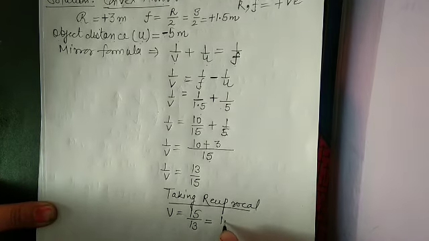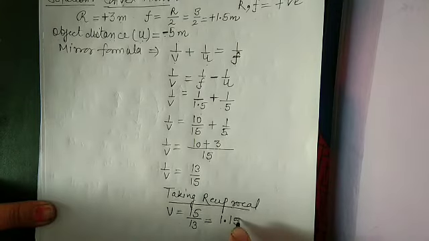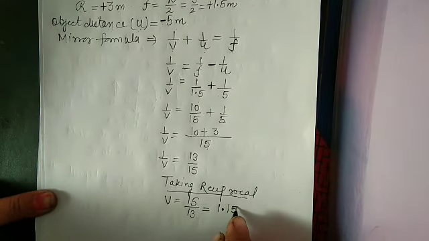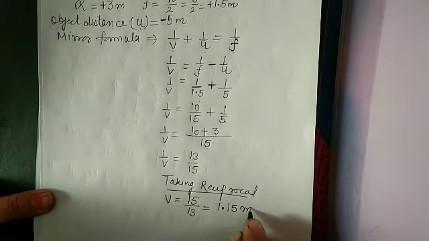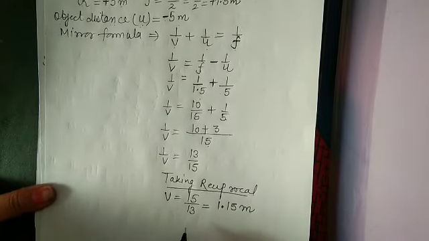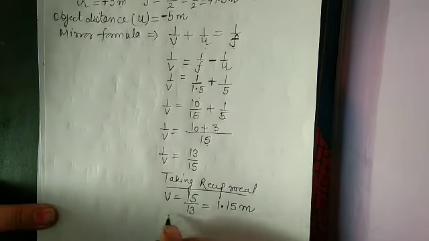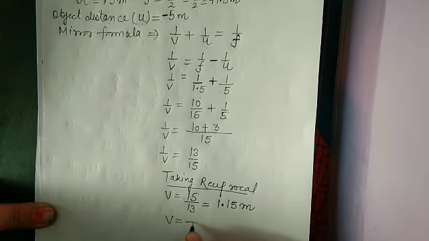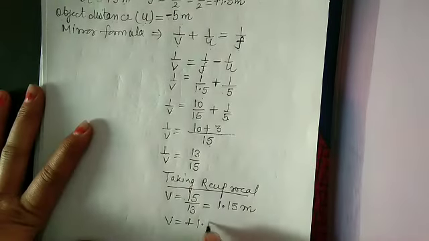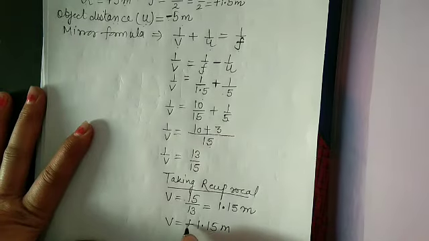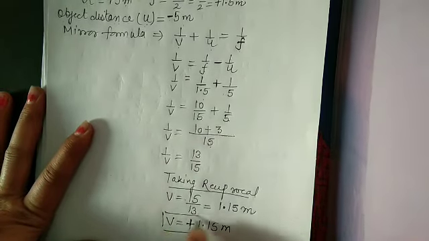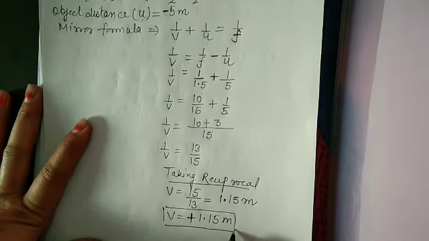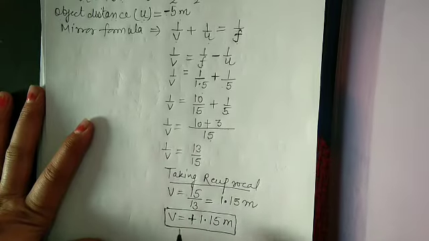You will get the result 1.15. As the numerical values given were in meter, it will be 1.15 meter. And the answer for v is in positive sign, so v is equal to plus 1.15 meter. Image distance is positive in our present numerical.